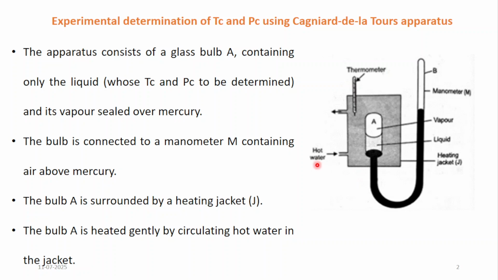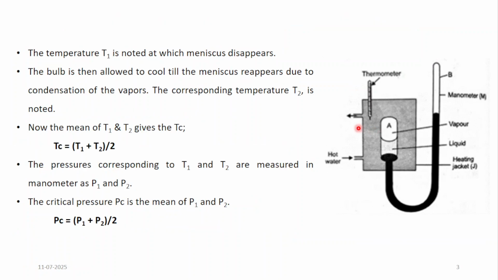So what you have to do, initially you gently heat the bulb by passing hot water. Note down the temperature at which this meniscus disappears. So in the beginning you go on heating by passing hot water or any liquid which increases the temperature in the jacket, need not be hot water. You have to note down the temperature at which this meniscus existing between vapor phase and liquid phase disappears, that is T1.